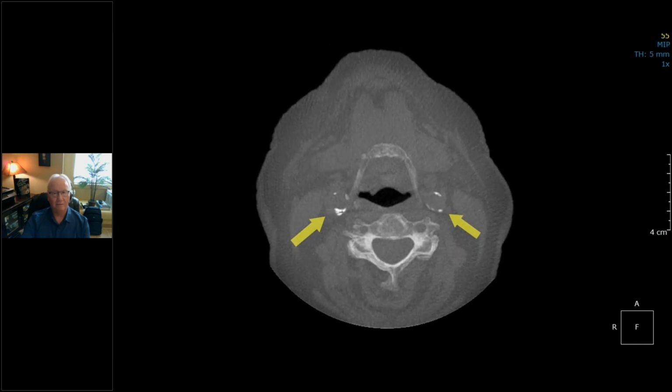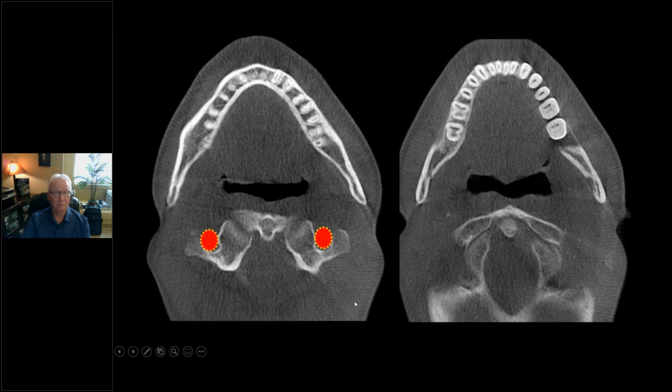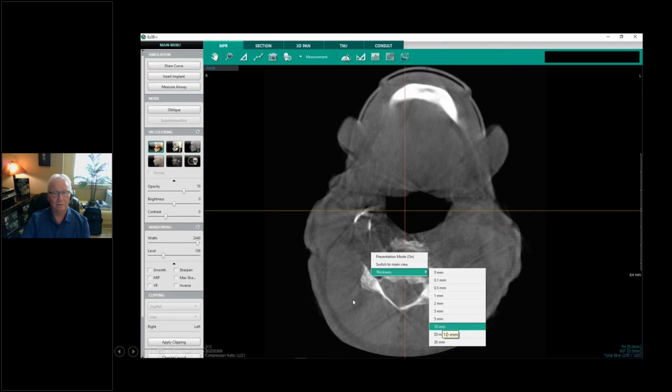Yep, confirmation, and I'll bet it's in other places too. Here's how easy it is to do in the Vatech software. You identify in a thin section, you go over here and change the thickness. We're putting it at 10 millimeters, and it'll pop right out, okay?